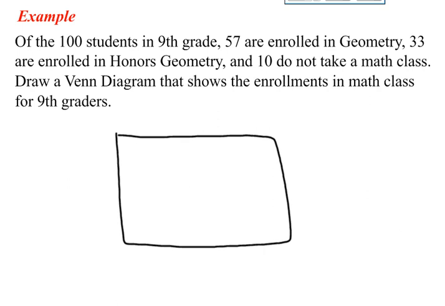Some 9th graders take geometry, so we'll have a circle that represents the students that take geometry. Let's label it: 57 of them are enrolled in geometry. Then we have 33 9th graders that are enrolled in honors geometry.